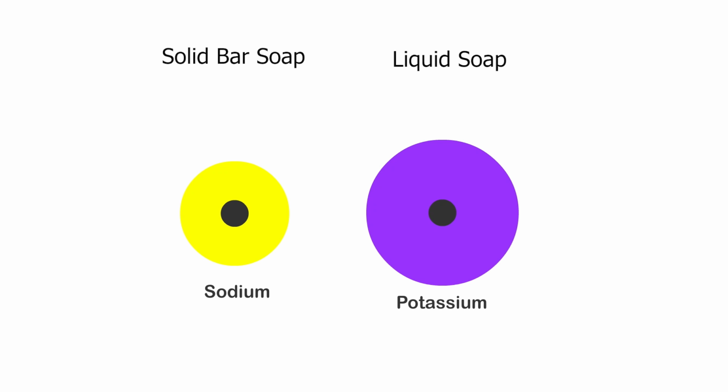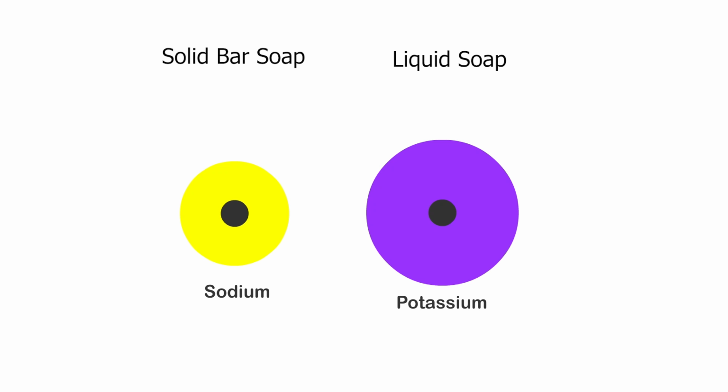So what that tells us is that our potassium is weaker. It breaks apart and floats off a lot easier than our sodium does. And that's why we end up with a liquid soap with potassium and a bar soap with sodium, because the potassium and the sodium are carried through into the final product.